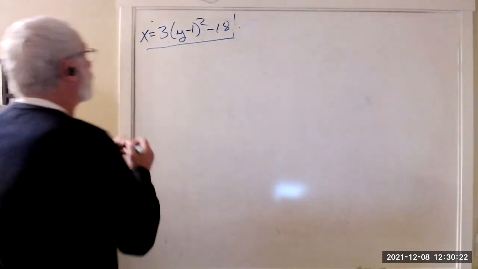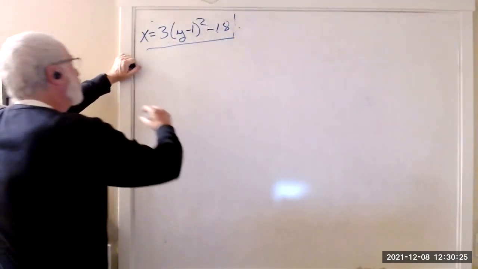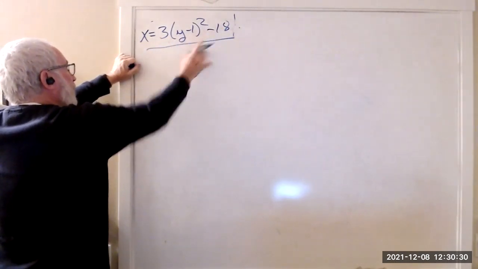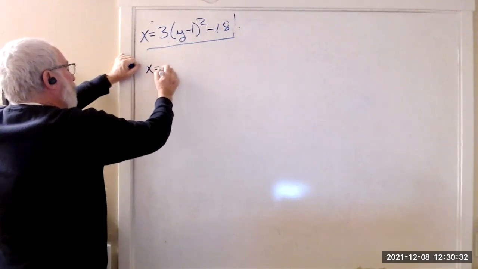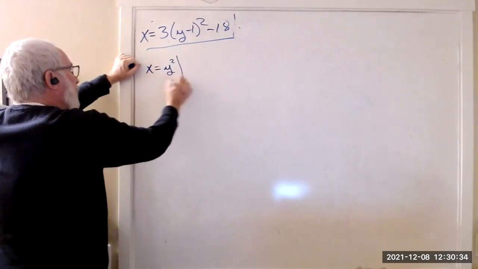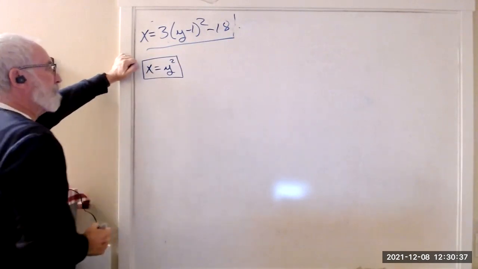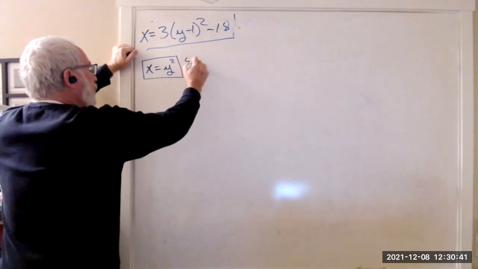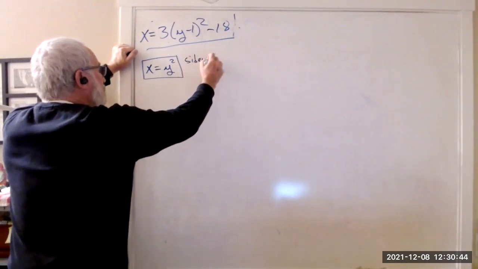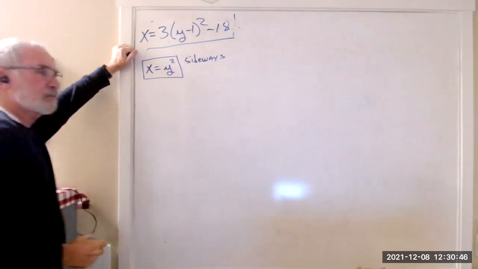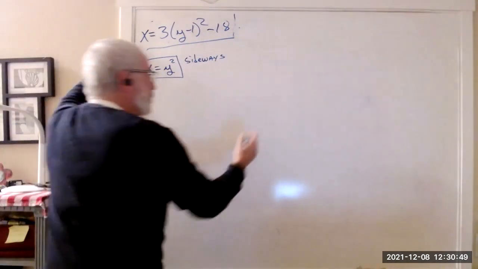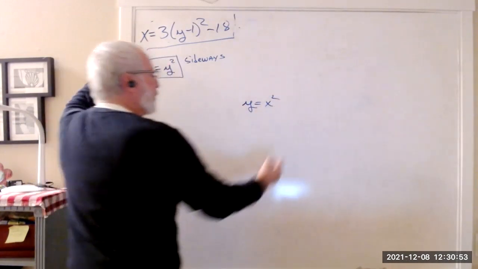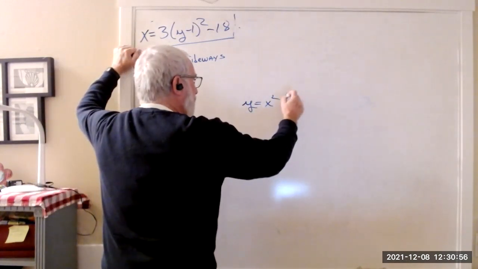Okay, so if you look at this one, if you multiplied out all this mess on the right-hand side, you'd get x equals y squared. Basically, that tells us it's a sideways parabola. Remember the one we just did was basically y equals x squared, so that was an up or down parabola.